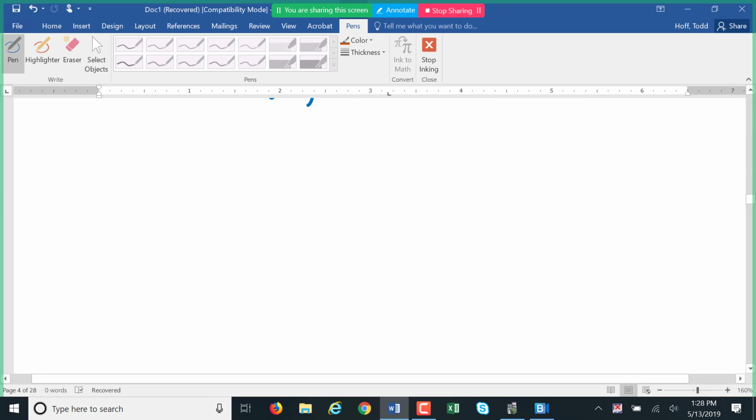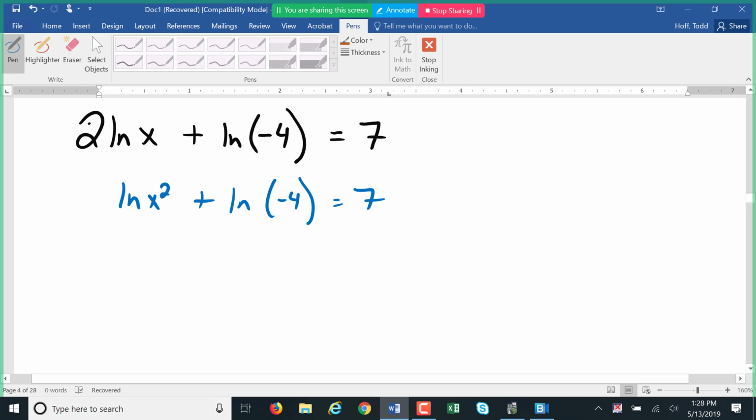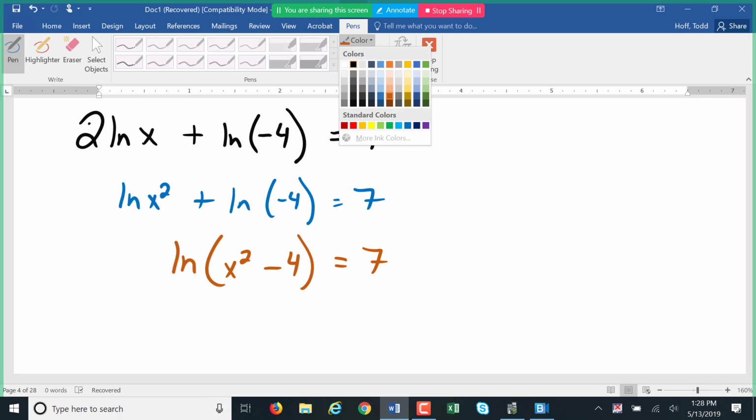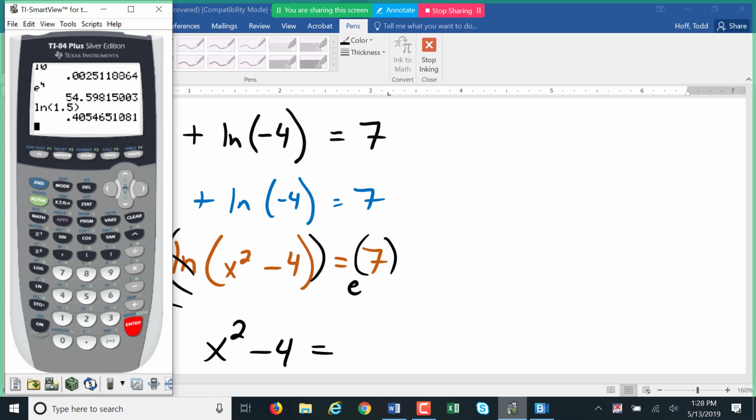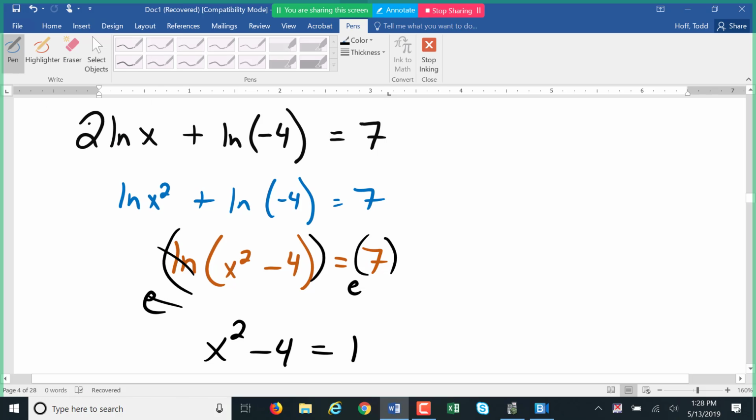And then ln x squared plus ln of negative 4 is ln of x squared minus 4 equals 7. Then we do the e to the power of. We got x squared minus 4 equals e to the power of 7, which might get kind of large. 1096.633.